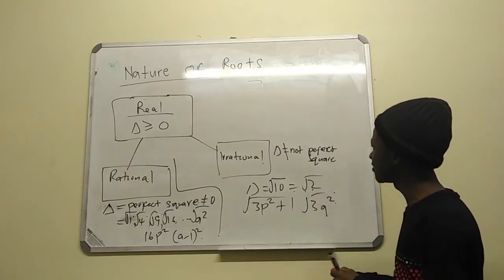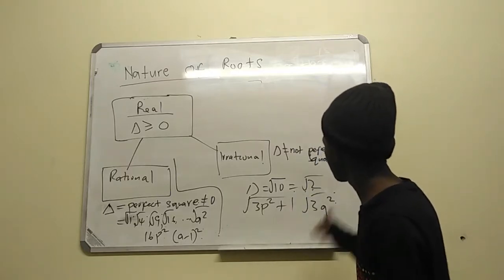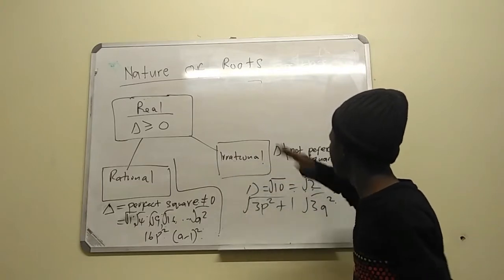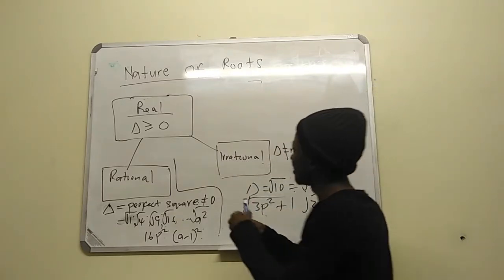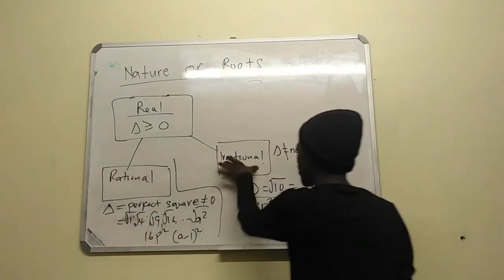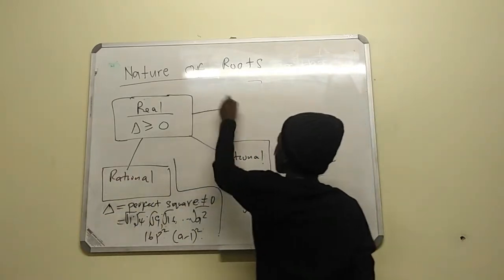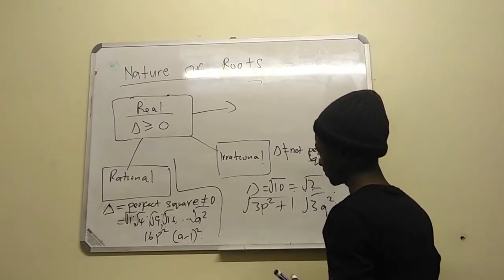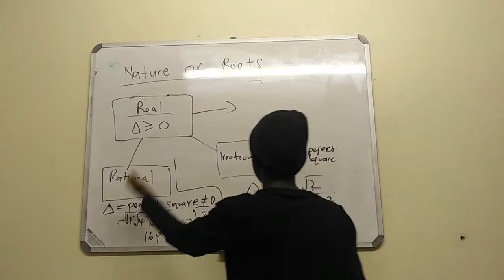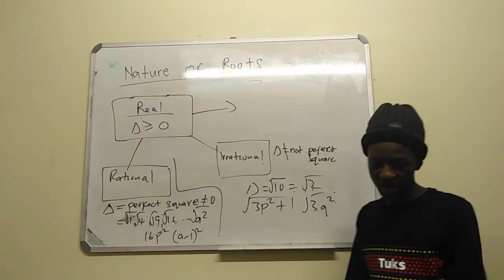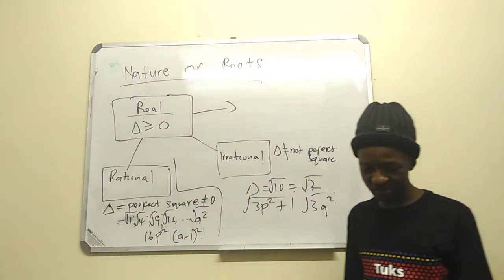So if your delta is not a perfect square, then it means it's irrational. And then the last thing we can discuss here is that it can be either rational or irrational.